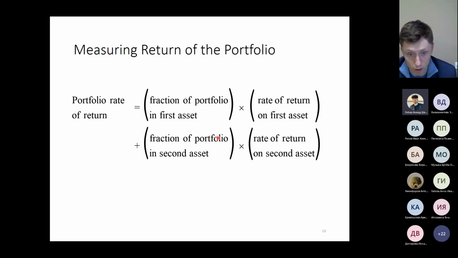So the fraction would change every period, and please be careful when you apply this formula. In practice, when you do your homework, the optimal way to estimate the return is to recalculate the price of the portfolio each period. So multiply the price of each asset by the number of these assets in the portfolio, and make this calculation for the entire portfolio, and have the portfolio price for each working day.